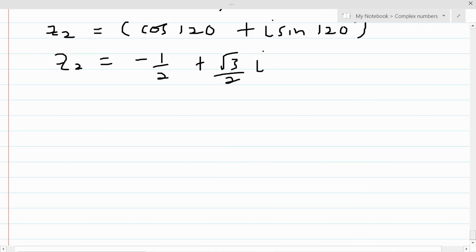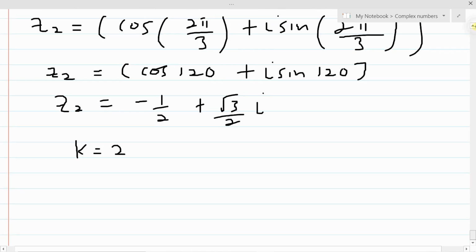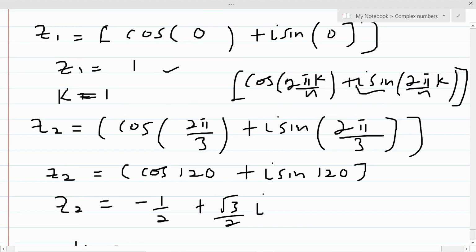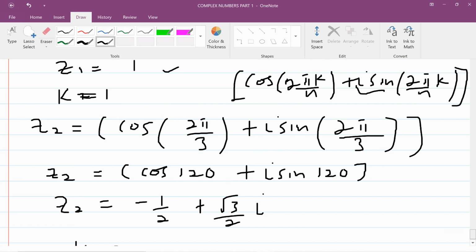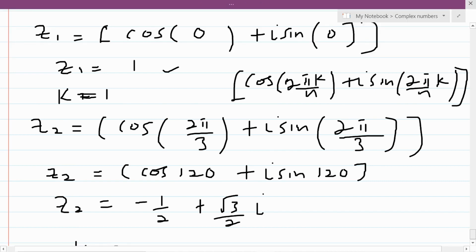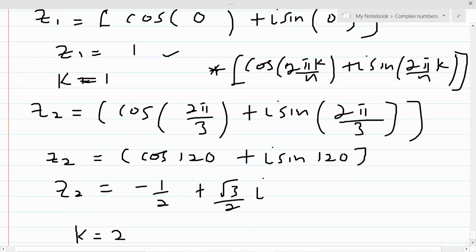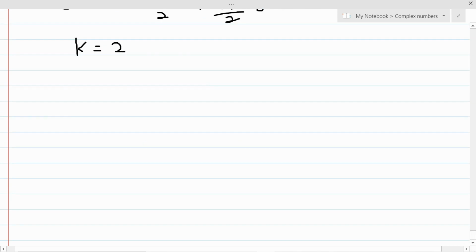Now z3: for k equals 2, we just put k equals 2 here, like we said. So when k equals 2, our z3 will be equal to cos of 2 pi k, right?